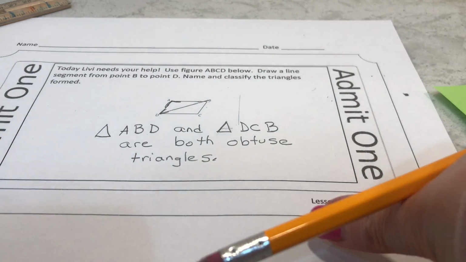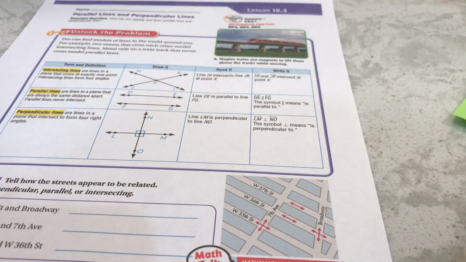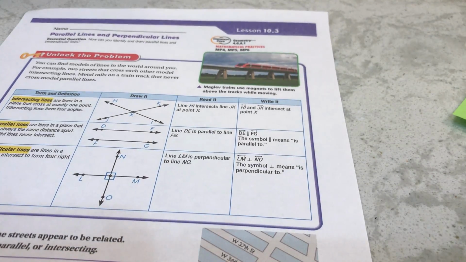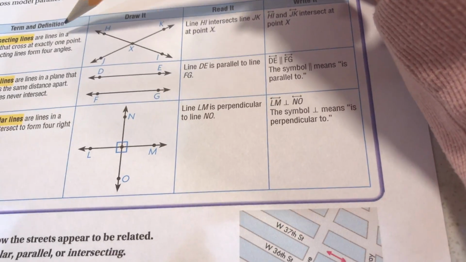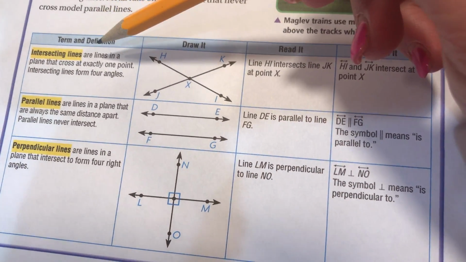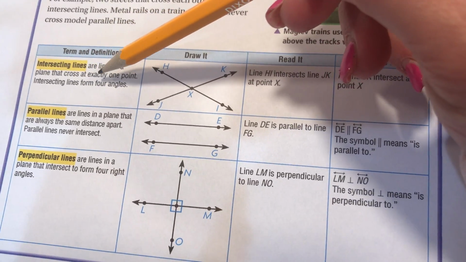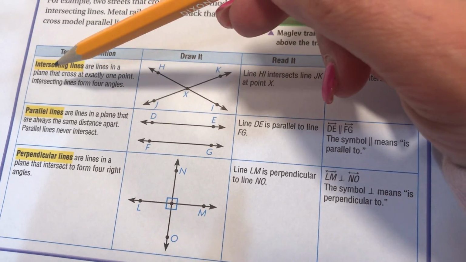All right, so let's move on and let's take a look at lesson 10.3. Now 10.3 was all about parallel lines and perpendicular lines. And in the box, we have some more terms and definitions. We have intersecting lines are lines in a plane that cross at exactly one point.